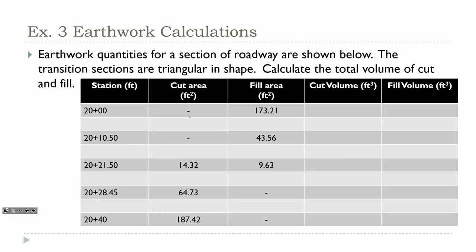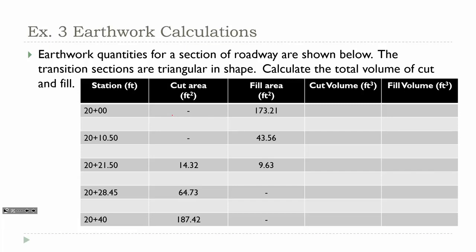So if we have earthwork quantities for a section of road shown here, including the transition section, where it's going from no fill to having some fill, or no cut to having some cut, or vice versa, we can assume those are triangular in shape. We want to calculate the total volume of cut and fill. Let's start at station 20+00.